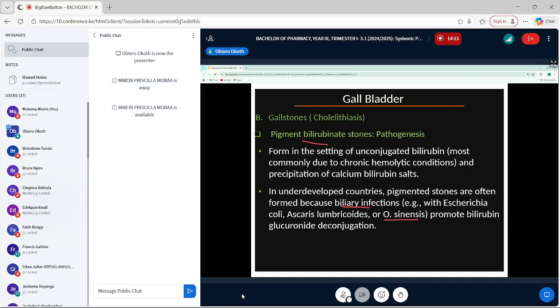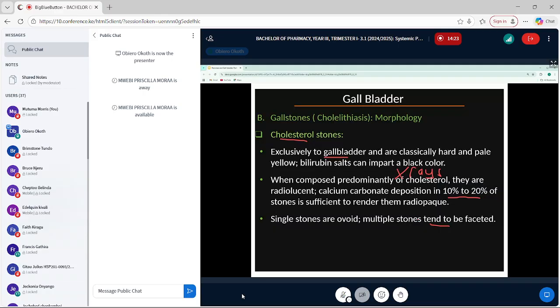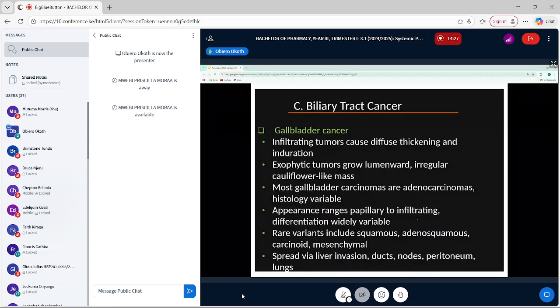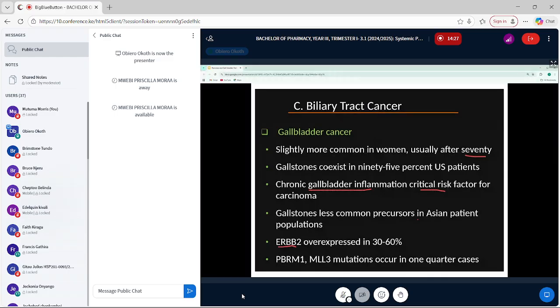If you're asked about a parasite that can cause carcinoma, remember Opisthorchis sinensis, remember Schistosoma haematobium. So most of this could be due to gallstones. You can have other mutations, but HER2 mutation is very common.